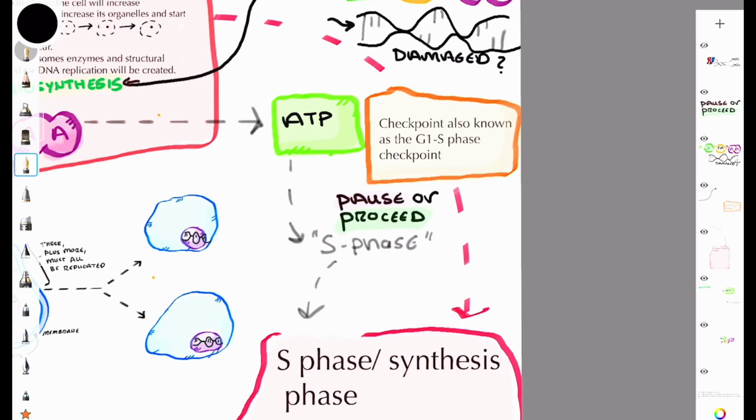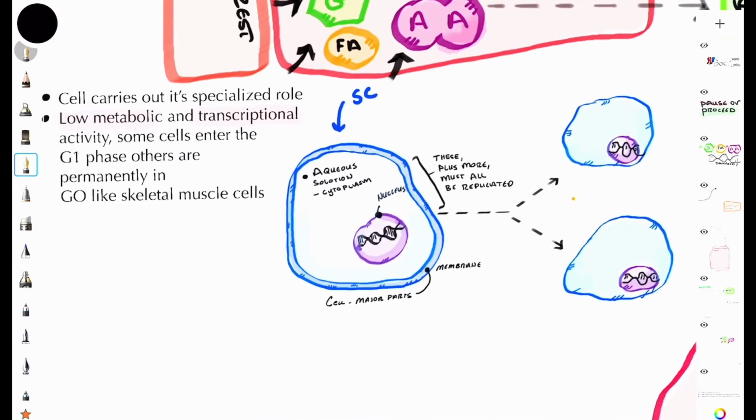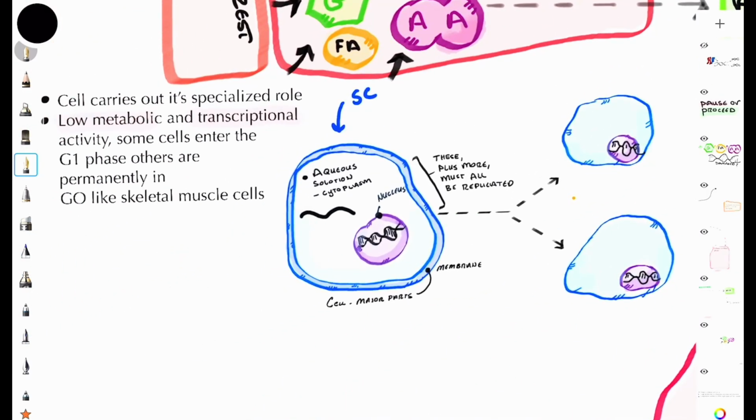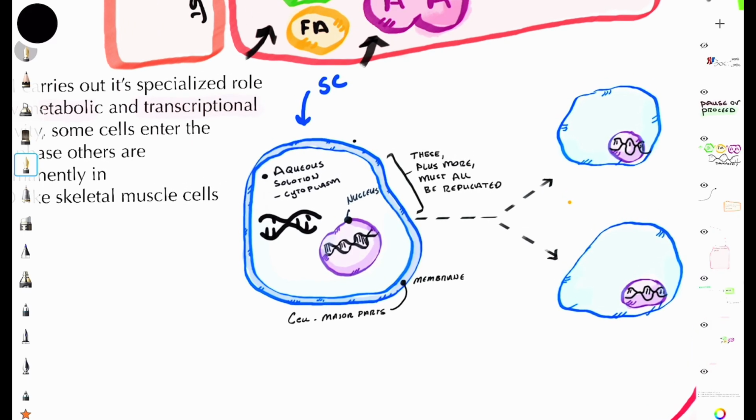Now, if the DNA in this parent cell is damaged, and then that cell is allowed to go into the S phase, allowed to go to the G2 phase, and allowed to go to the mitosis phase, well, that means daughter 1 and daughter 2 will also carry that DNA that is damaged.